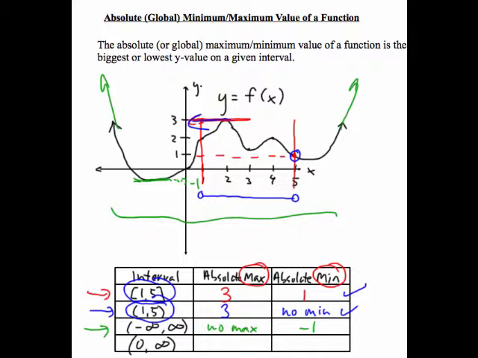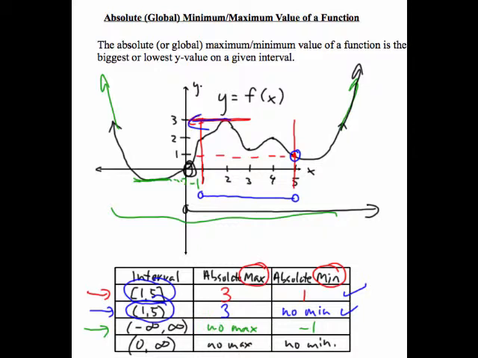Finally, I want to look at an open interval between 0 and infinity. The highest value, again, does not exist because the graph goes endlessly high. The lowest y would be close to 0, but again, since we're not including x equals 0, we can't say that it's exactly y equals 0, so there's no min.